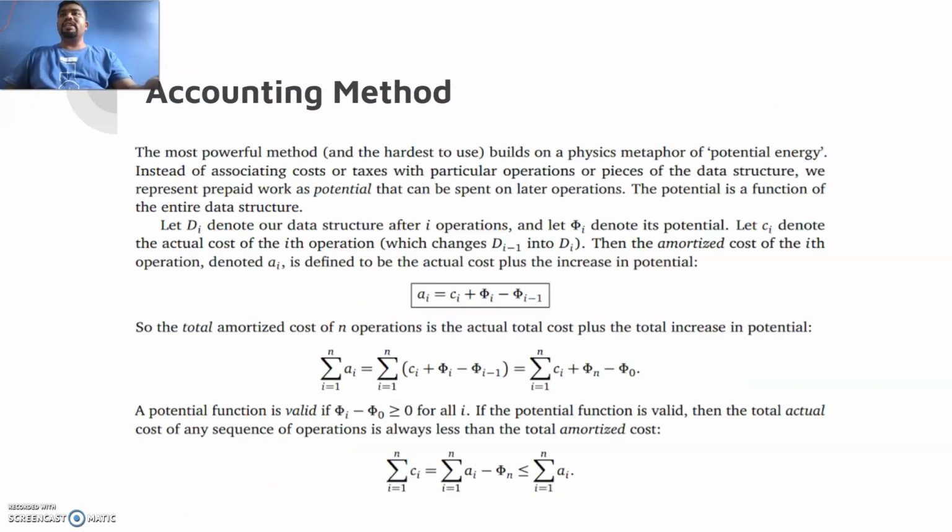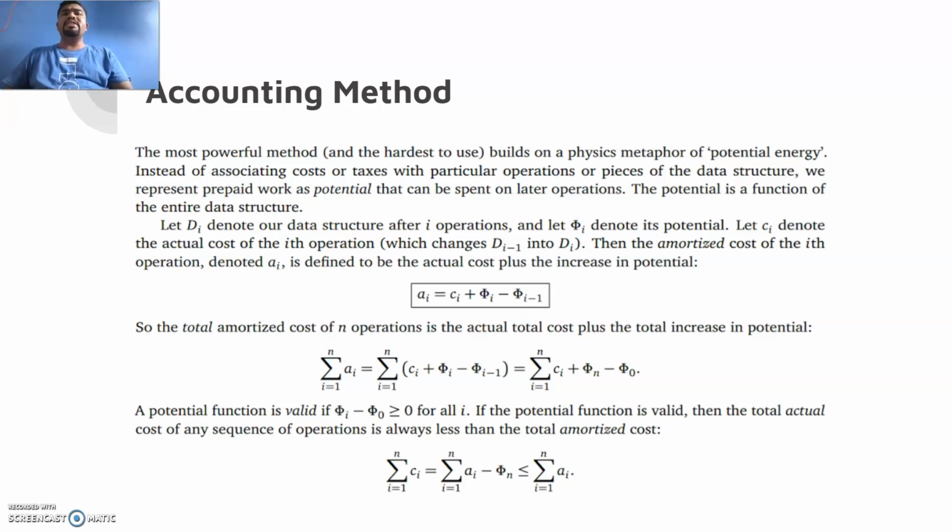Now, first let's understand what the potential method is. Here we are working with respect to the potential energy, or a potential, at a particular state in the algorithm. We check what the potential energy would be at a particular instance.